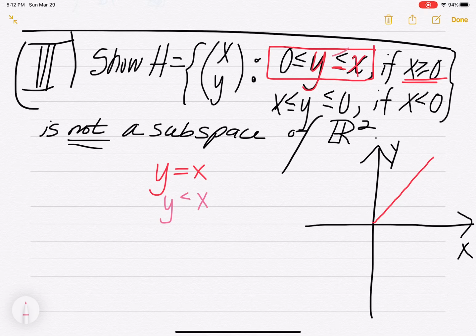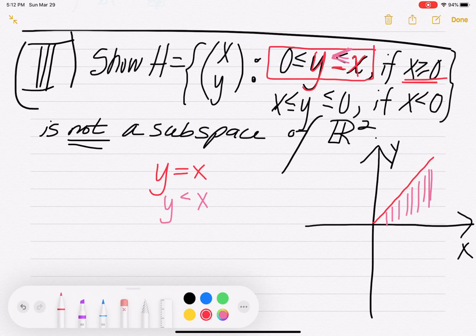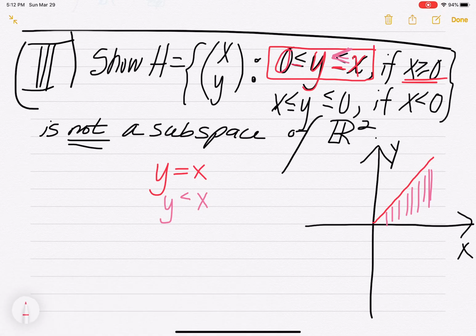That would be down here, beneath y equals x. But then, as a lower bound, we have y equals 0, which is this horizontal line right here.